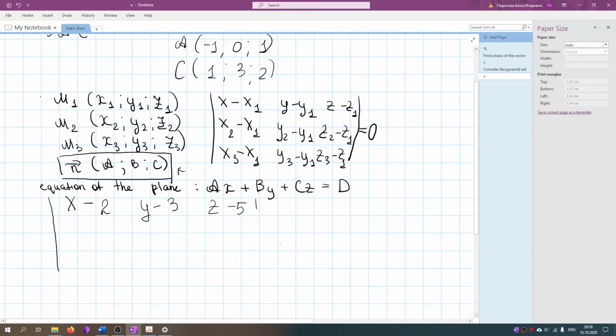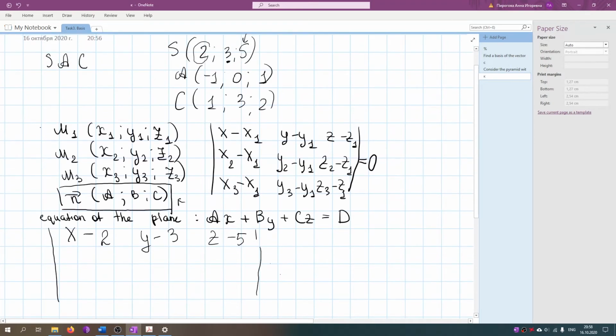Now let's do the same with the second row. So x2 minus x1, it will be -1 minus 2. y2 minus y1, it will be 0 minus 3.